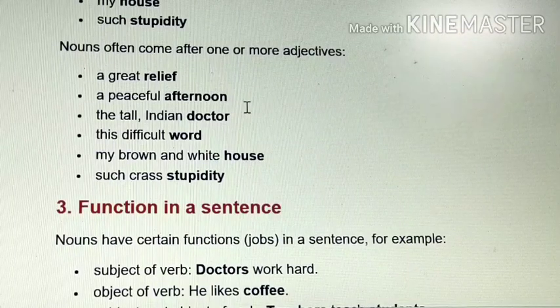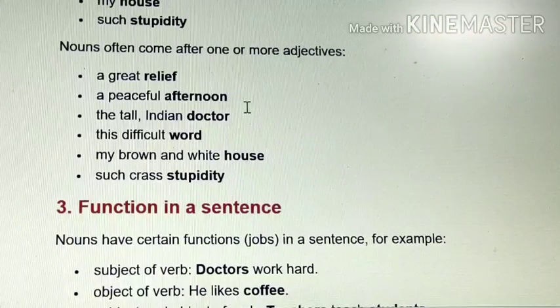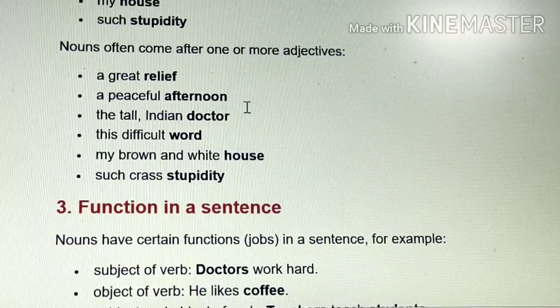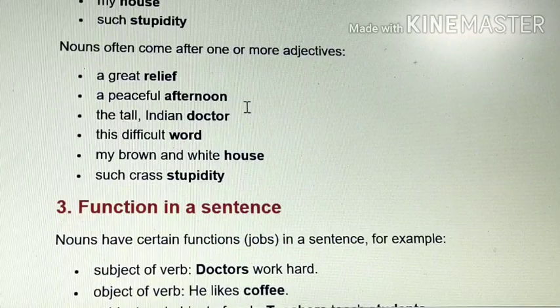Like a great relief, a peaceful afternoon, the tall Indian doctor, this difficult word, my brown and white house, next, such crass stupidity. Okay. See, relief, afternoon, doctor, word, house, stupidity, these words are nouns.